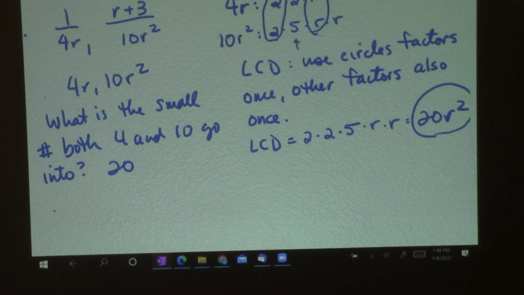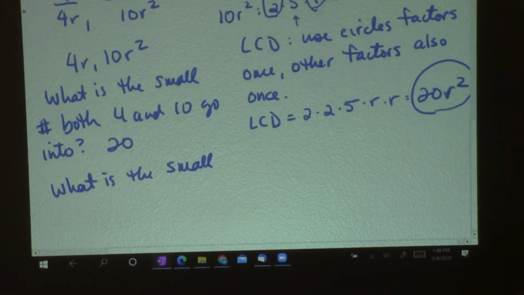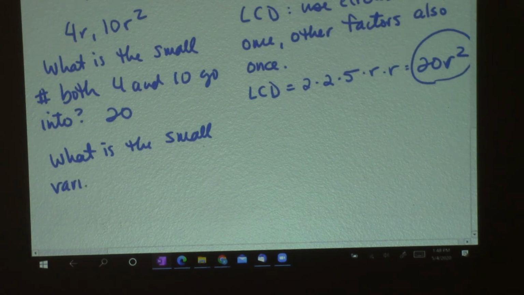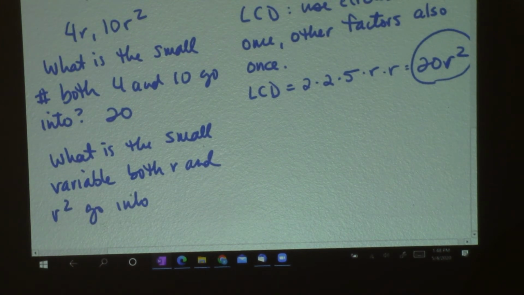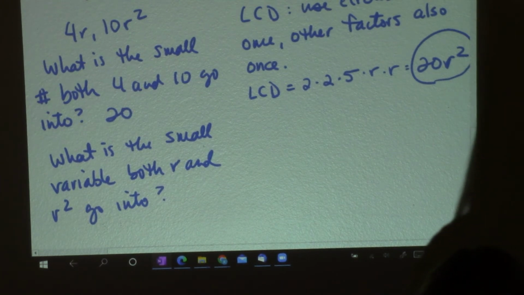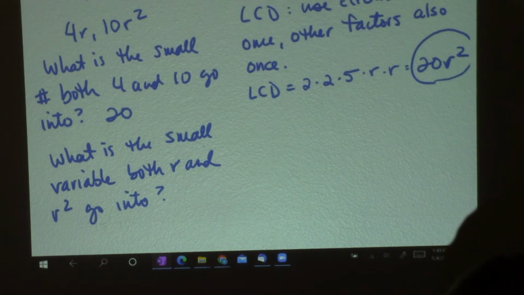And then you say, what is the smallest variable both r and r squared go into? So again, the question is, what's the smallest number of r's that they both can have?